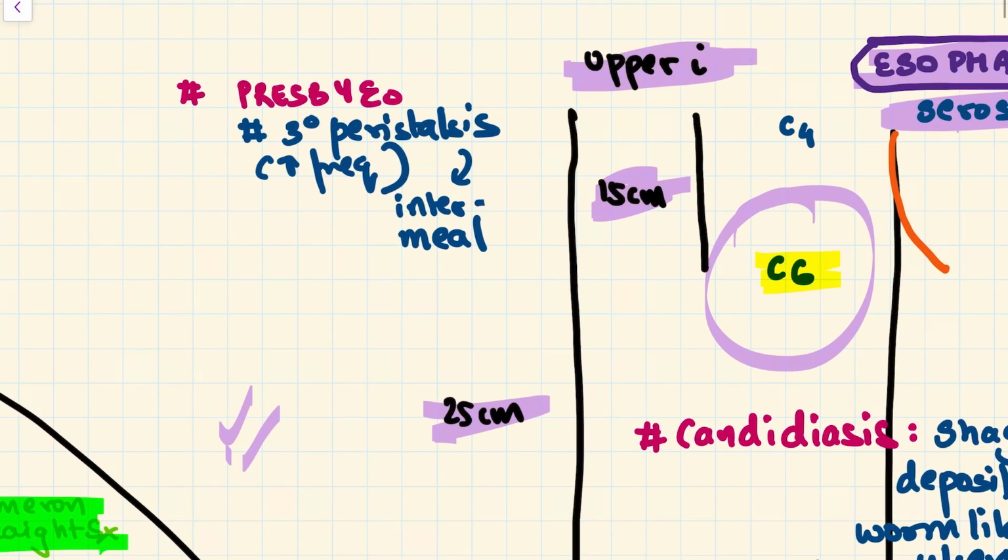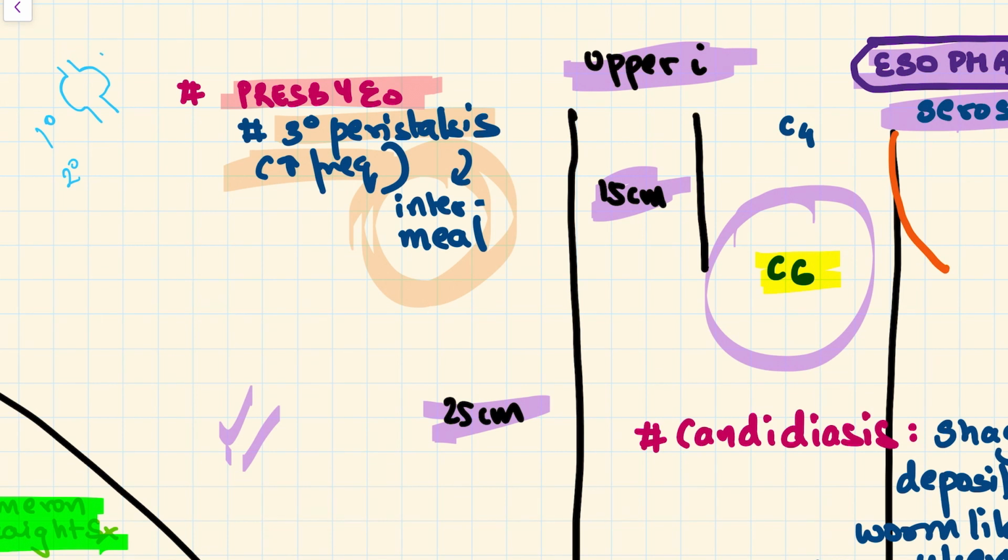All right, so the first condition is called as presbyesophagus, right? It is the abnormality of tertiary peristalsis, right? There is increased frequency of tertiary peristalsis, and remember, the tertiary peristalsis is peristalsis that takes place in between two meals, right? During the meals, we encounter two types of peristalsis, primary and secondary.